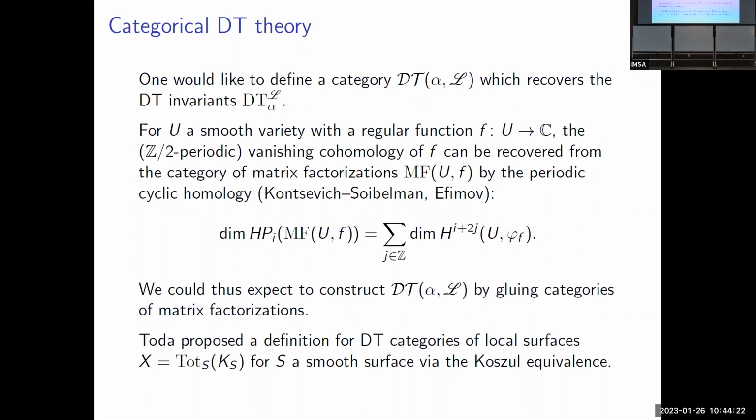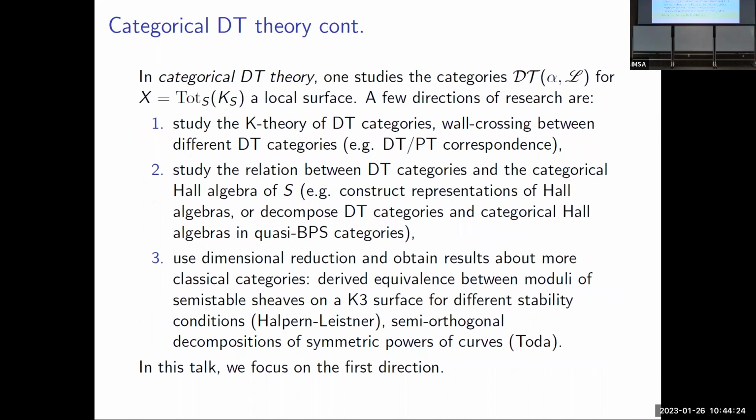So in categorical DT theory, one studies these categories in the cases where they are defined. Here are a few directions of interest. The first one is to obtain K-theoretic Donaldson-Thomas invariants, study them, and do computations of those invariants.